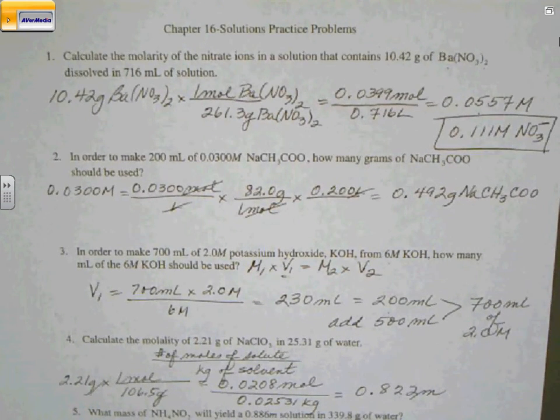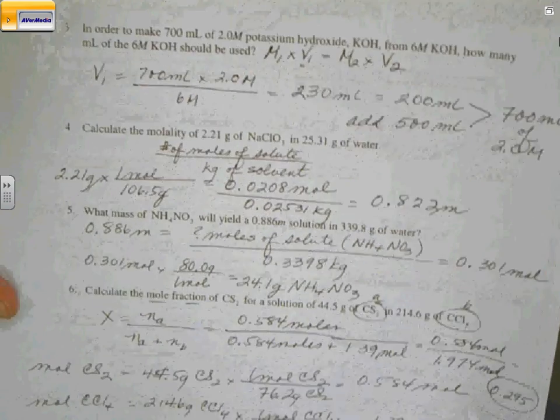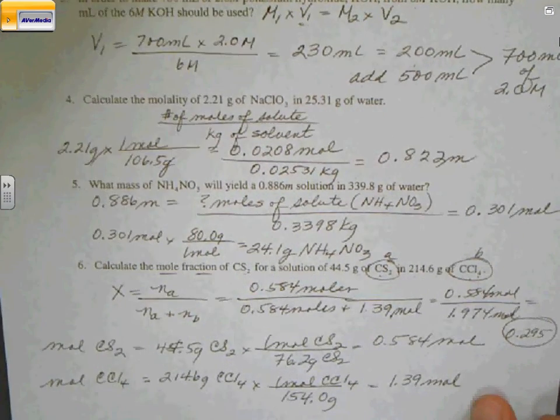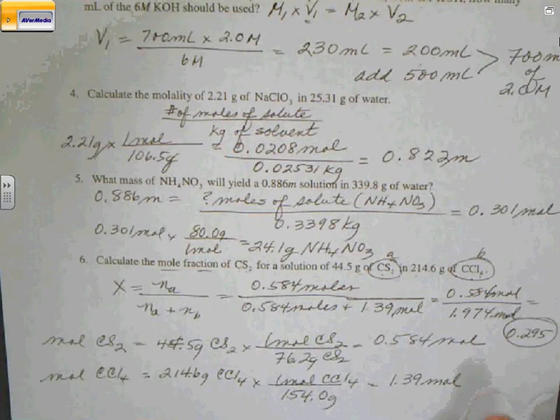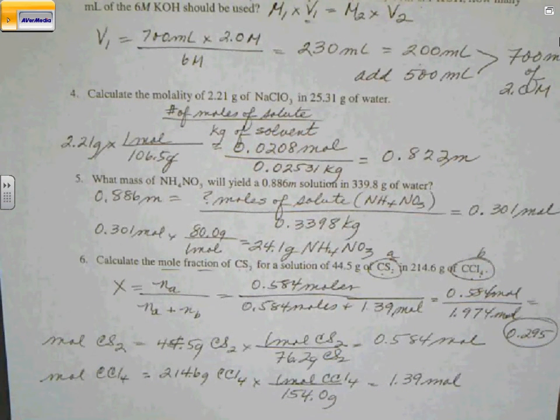Okay, problem number 5 is another molality. It asks us what mass of ammonium nitrate will yield 0.886 molality, if the solution will be 339.8 grams of water. Using that same formula, the 0.886 molality is going to be how many moles of the ammonium nitrate over kilograms.